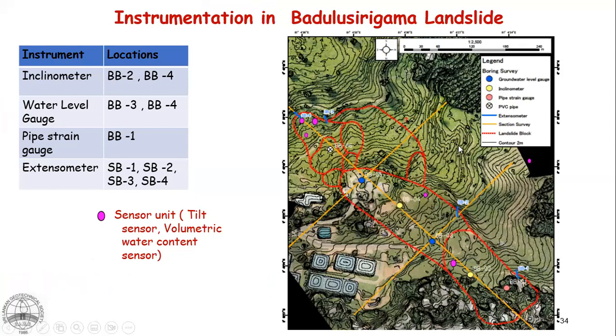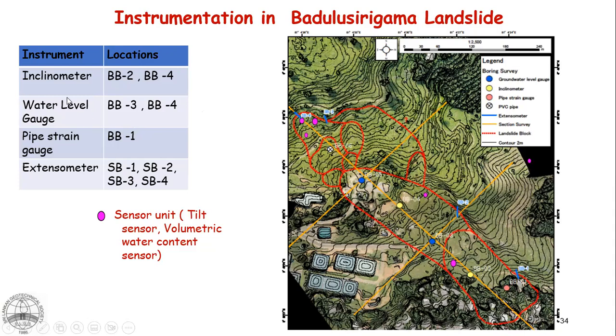So this is a complete picture of the Baduli-Sirigama landslide, the full boundary of the landslide. As I showed before, so these are the locations of 2 extensometers, and 2 other extensometers are there. There are inclinometers at BB2 and BB4. So inclinometers are mostly installed along the axis of the landslide to a depth greater than the suspected depth of the land moving surface.